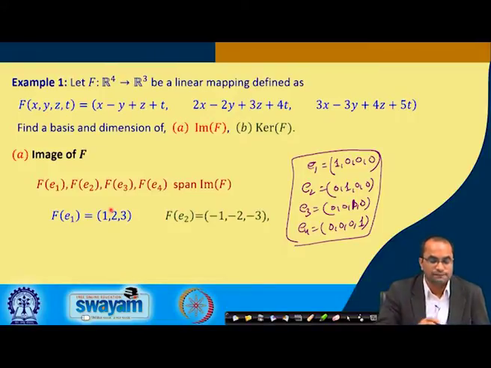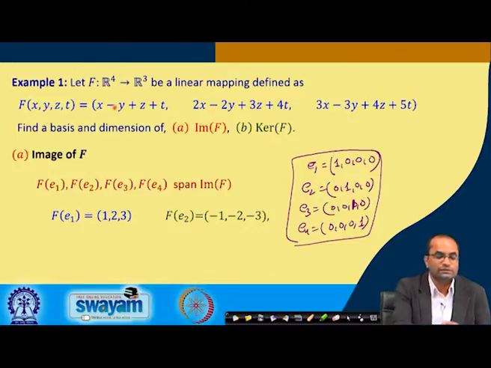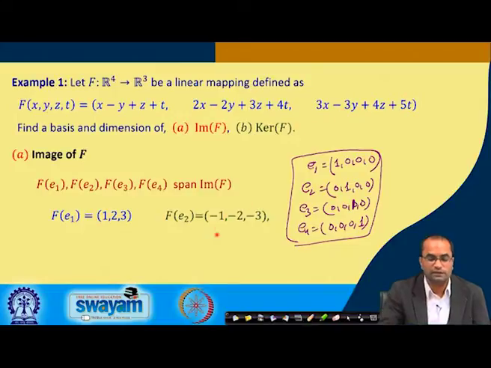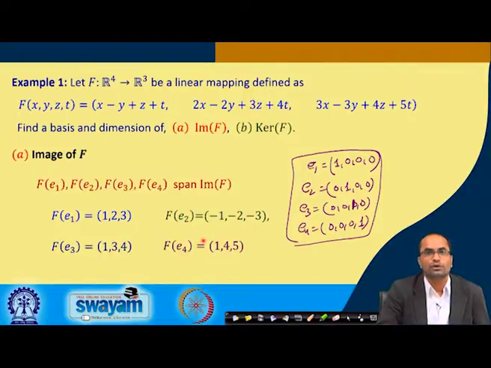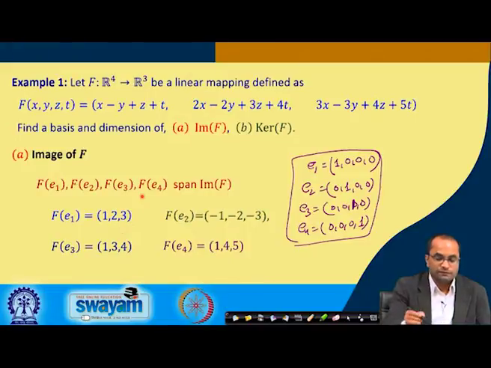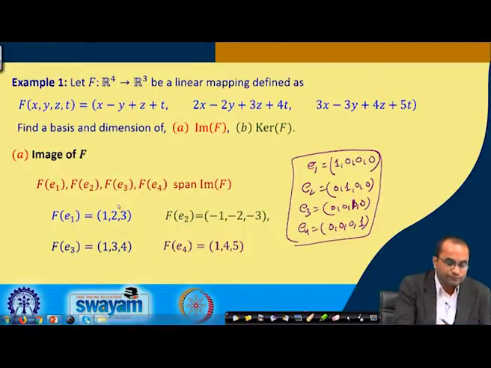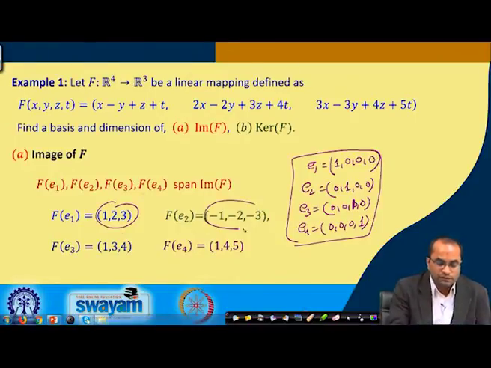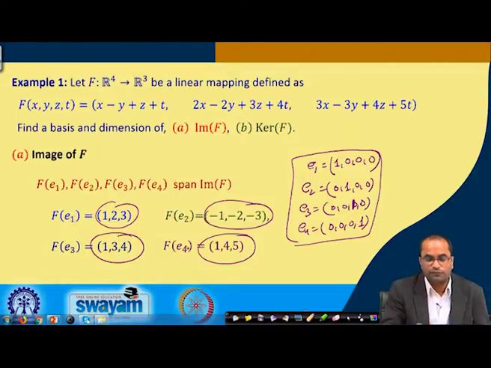Similarly, for e2 the second coordinate survives, giving (-1, -2, -3). Similarly we compute f(e3) and f(e4). So we have the vectors (1, 2, 3), (-1, -2, -3), (1, 3, 4) and (1, 4, 5) from R^3.